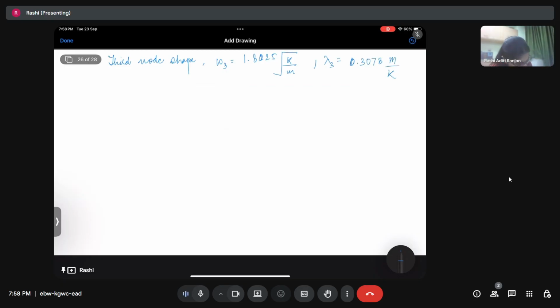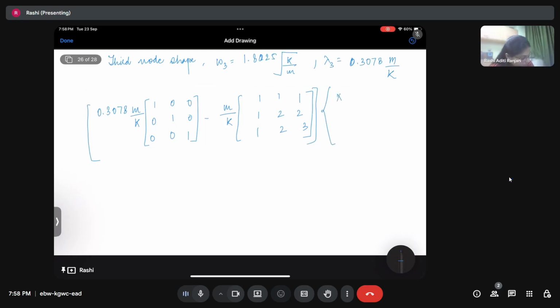We get 1, 0, 0, 0, 1, 0, 0, 0, 1 minus m by k times 1, 1, 1, 1, 2, 2, 1, 2, 3, times x1 of 3, x2 of 3, x3 of 3 equal to 0, 0, 0.